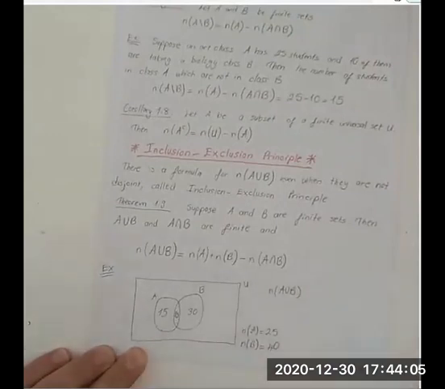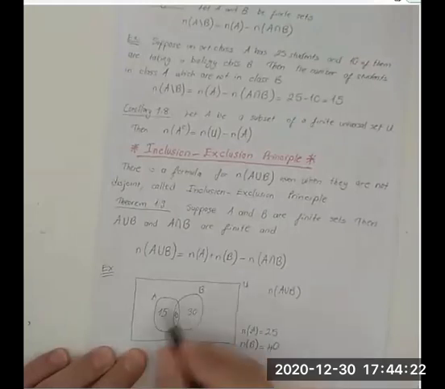You can see easily that the intersection is 10 students. A plus B minus the intersection gives the correct answer.